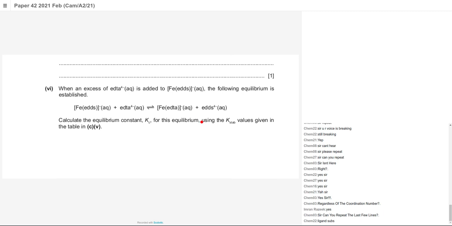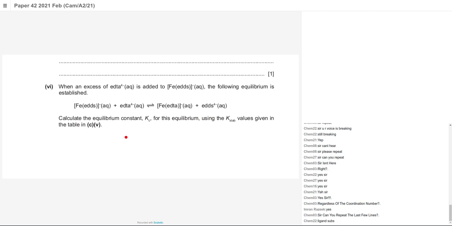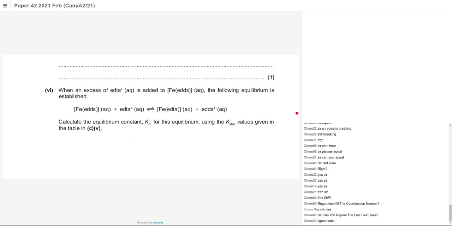When excess EDTA is added to FeEDDS, the following equilibrium is established. Calculate the equilibrium constant Kc for the equilibrium using Kstab values given in the table. If I write the Kc for this, I need to take Fe EDTA minus times EDDS 4 minus over Fe EDDS minus times EDTA 4 minus.